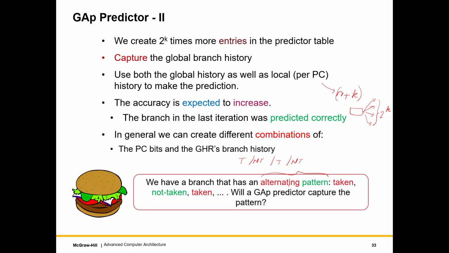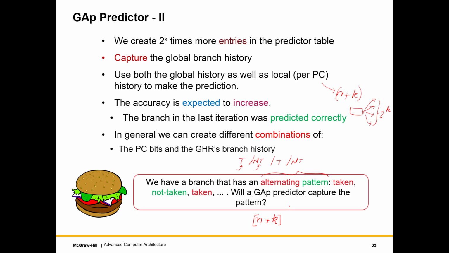Well, the answer has to be seen by looking at the design of the gap predictor. The gap predictor is essentially combining n bits of PC information, and it is concatenating this with k bits of the GHR. If the GHR has a unique signature for taken and a unique signature for non-taken, then of course a gap predictor will capture the pattern.